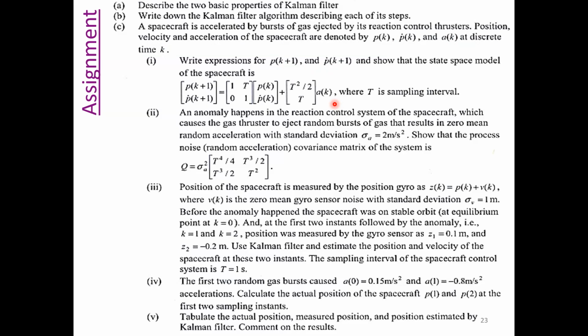If you are unable to derive it, you can skip that part and take the model given and go ahead. That is how the question is designed, not to make you stuck because you don't know how to answer this particular part. Then the second part. Let's work out the first part first, and before that, you are asked to write the Kalman filter algorithm describing each of the steps.